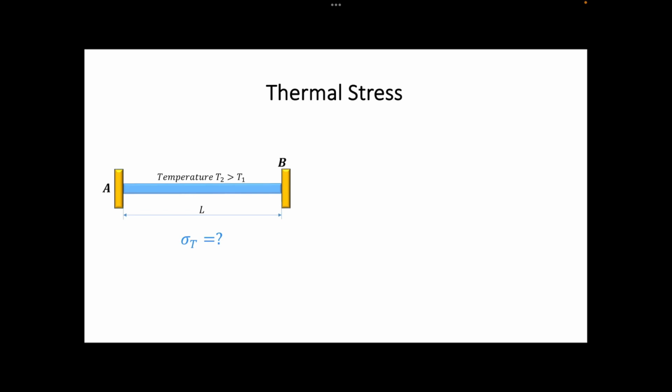The idea is we will first imagine the support does not exist at one end that allows the bar to expand freely. Once we find the elongation, we will reapply the support and its reaction to that imaginary free end to suppress the elongation. That said, here is the elongation of the bar if we pretend to remove the support at B.